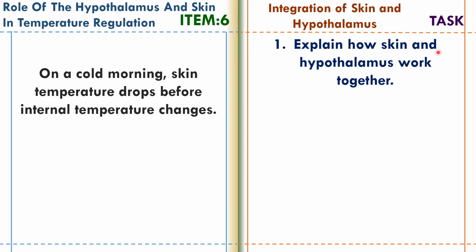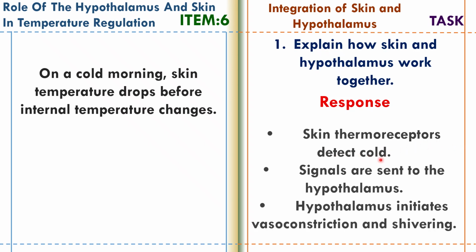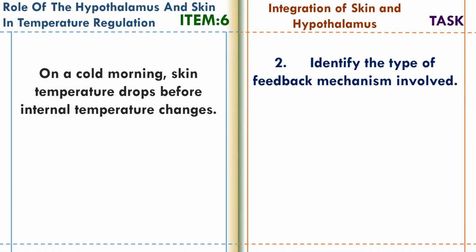Skin thermoreceptors detect cold. Signals are sent to the hypothalamus. The hypothalamus initiates vasoconstriction and shivering. The feedback mechanism involved is negative feedback.